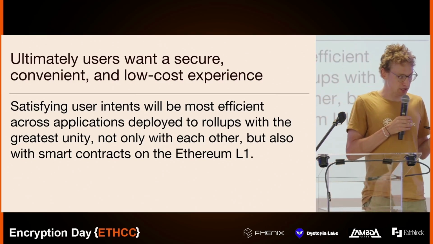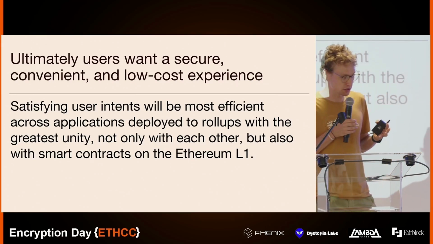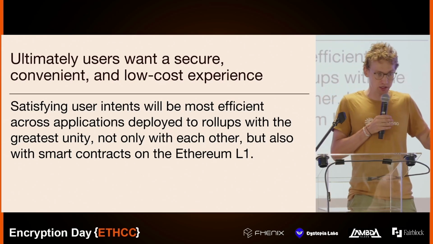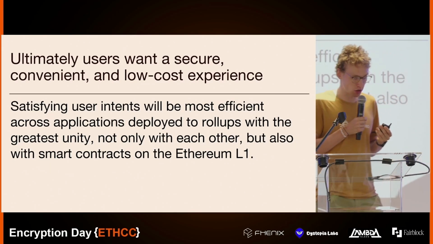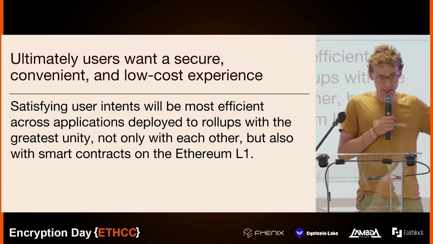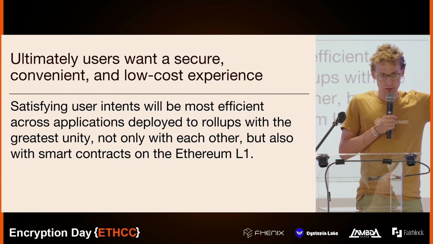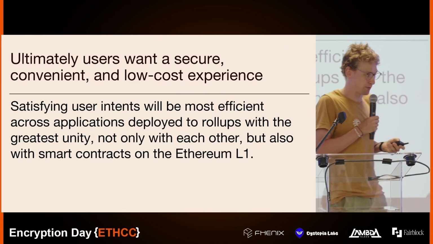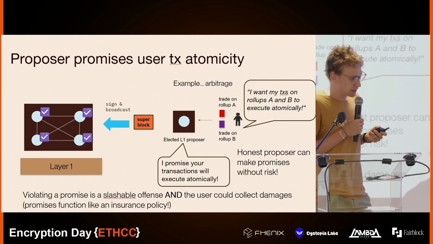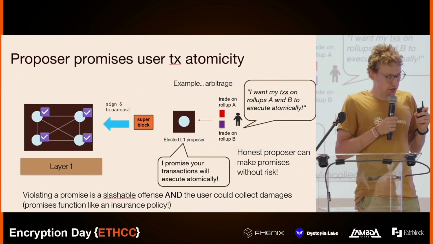Ultimately, what users want is a secure, convenient, low-cost experience with interoperability. They want both the scalability that rollups have, but ideally without losing the interoperability that we're used to from Web3.